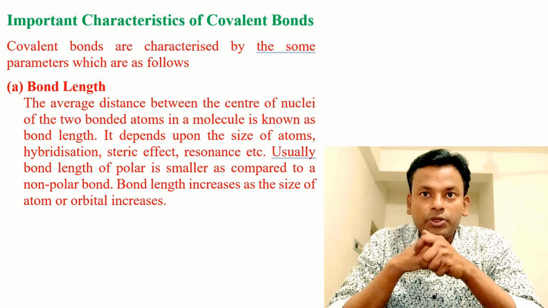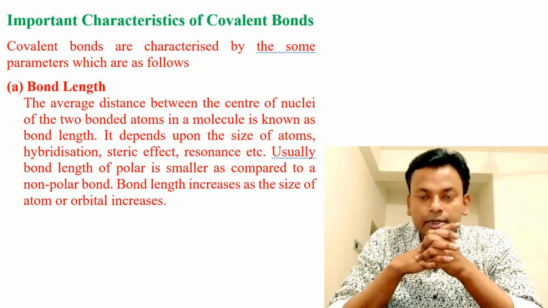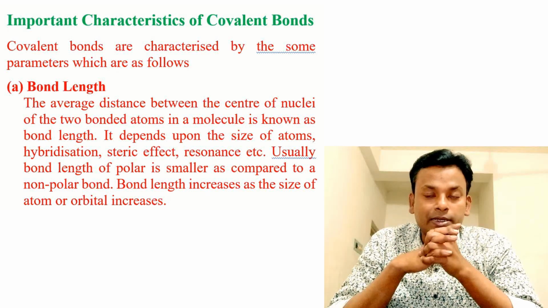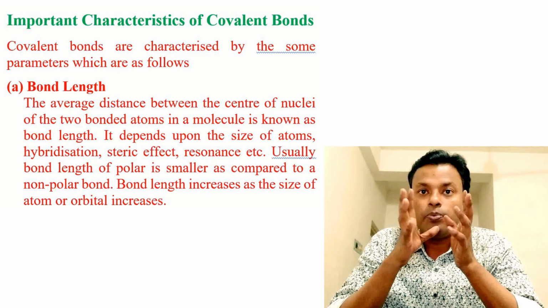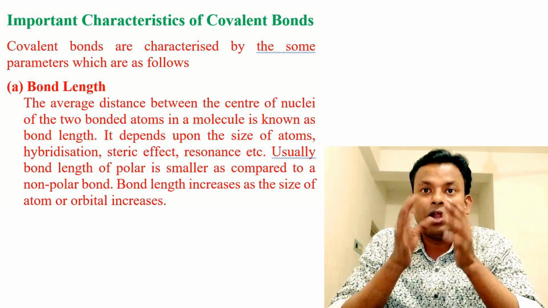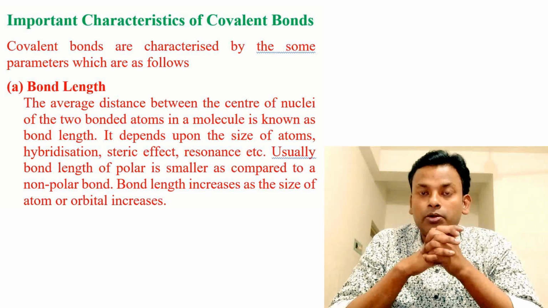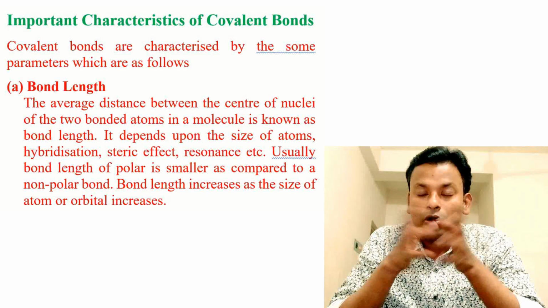It depends upon the size of atom, hybridization, steric effect, resonance, etc. Usually, the bond length of a polar bond is smaller as compared to a non-polar bond. Bond length increases as the size of the atom or orbital increases.